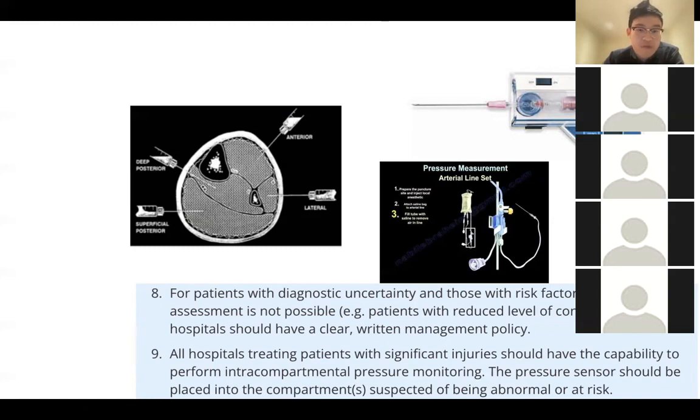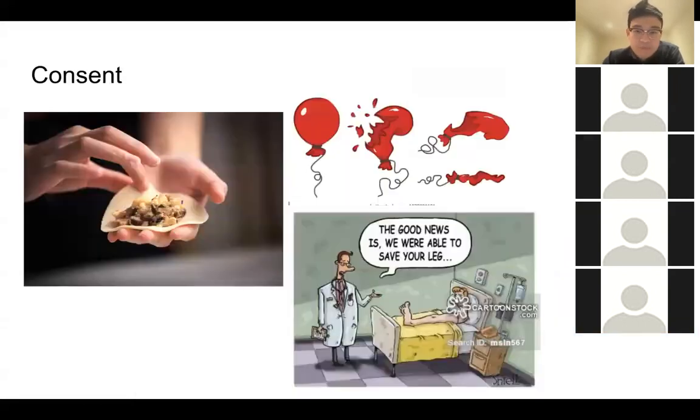And each hospital should have their own policy. If you really are still uncertain and you do not have the Stryker probe ready, you can always bring them to theater and set up an arterial line with your friendly ODP and measure that using an arterial line.